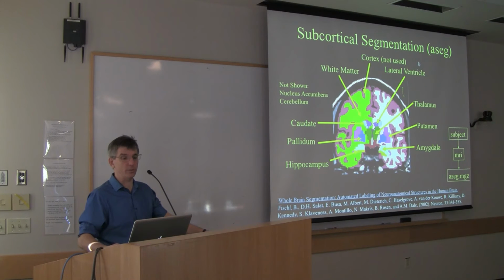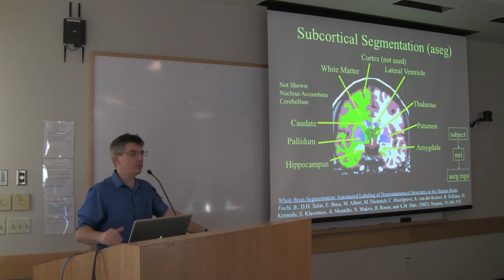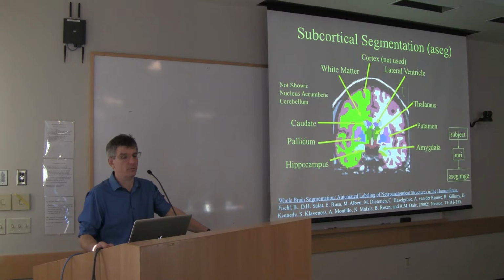Then for each individual, we can create one of these customized maps of subcortical structures or the entire brain. But primarily we use the ASEG for extracting information on subcortical structures.